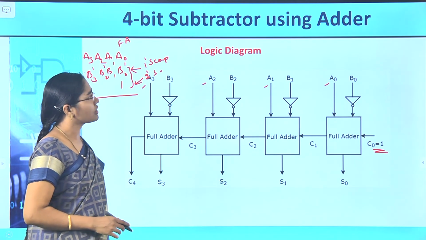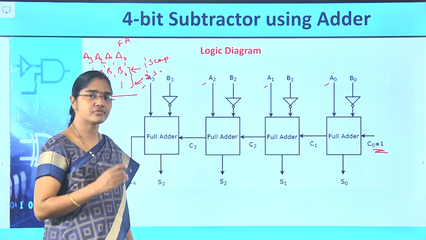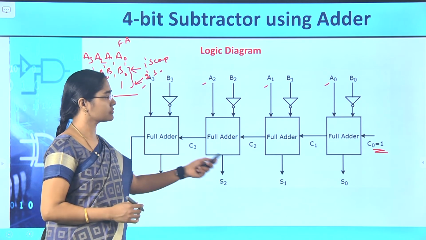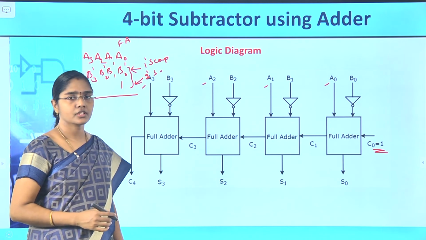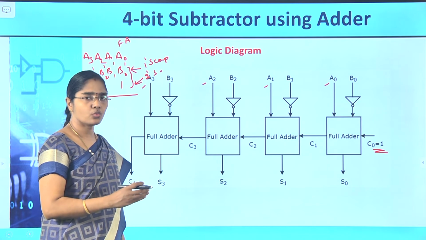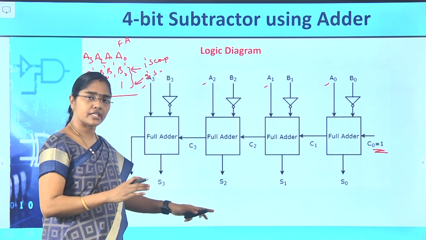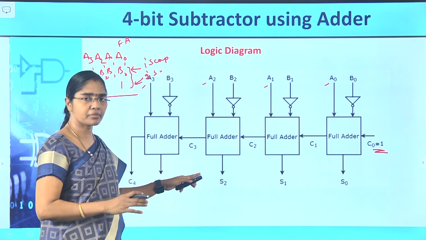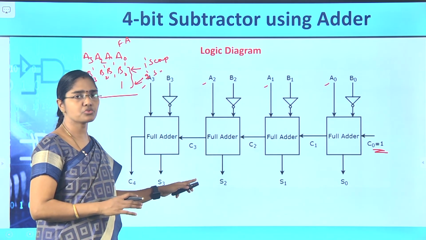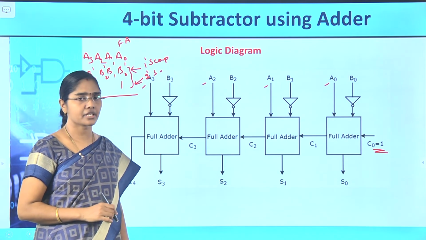This is the logic diagram for the n-bit parallel subtractor using adders, or simply the ripple carry adder structure with a change in inputs. By changing the inputs of B and Cin in a ripple carry adder, it can be used as a subtractor.